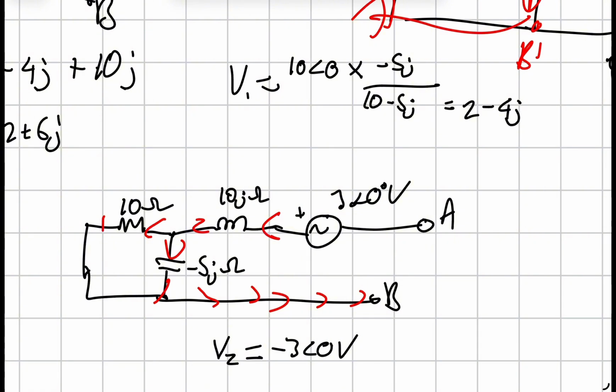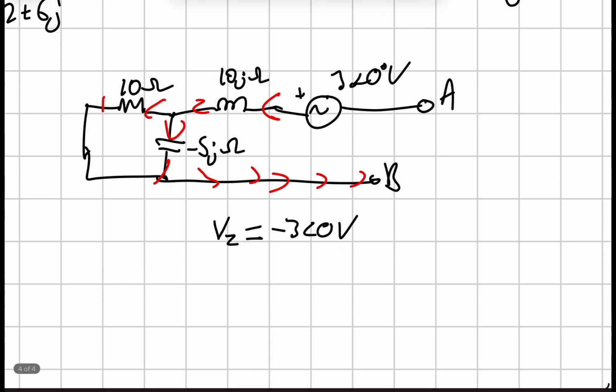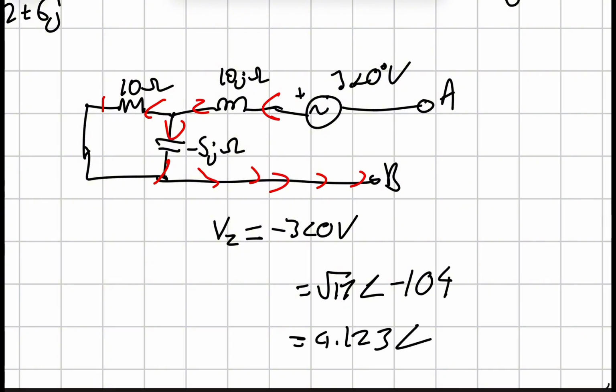That's your first contribution. So if you add them together, you should get something like square root 17 minus 104. Then it should be about 4.123 minus 104 degrees volts. Something like that. But you get the general idea.